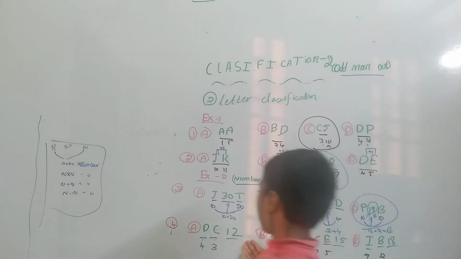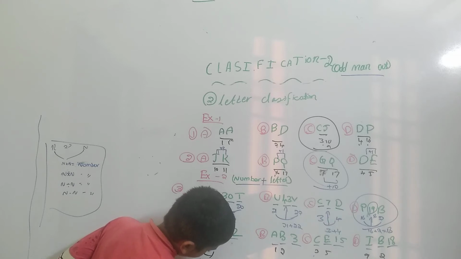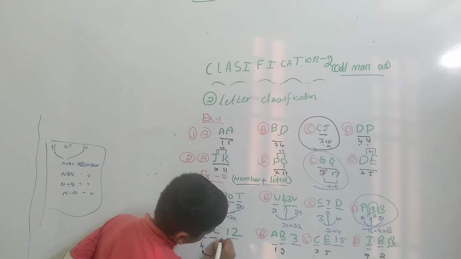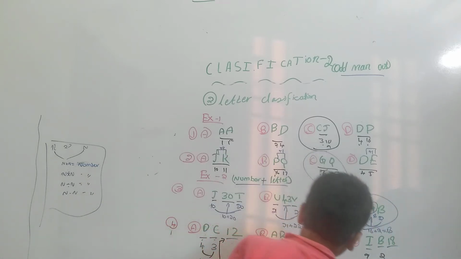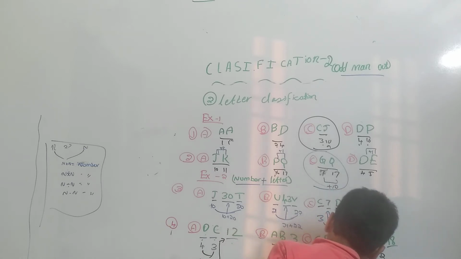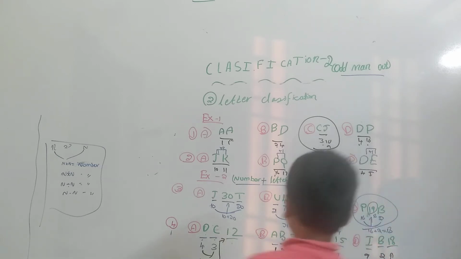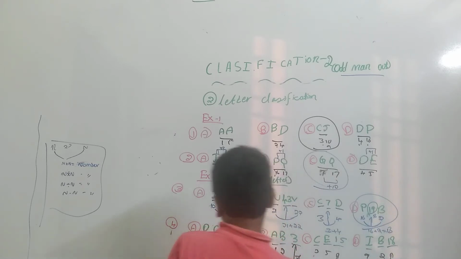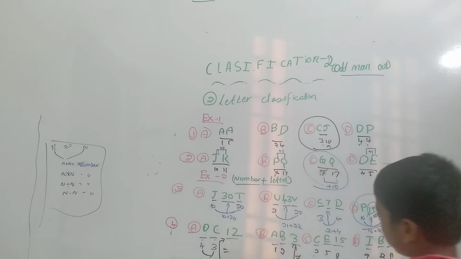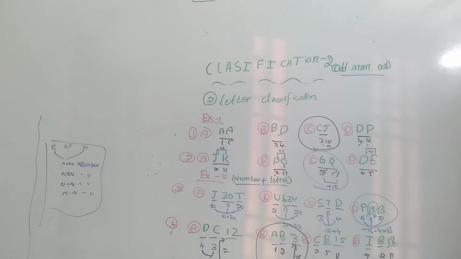But 4 plus 3 does not equal 12, so we do multiplication. 4 into 3 is 12, 1 into 2, 3 into 5 is 15, 9 into 2 is 18. But here 1 into 2 equals 2, and I have 3. This is not equal, which means the answer is B. AB 3 is the answer.